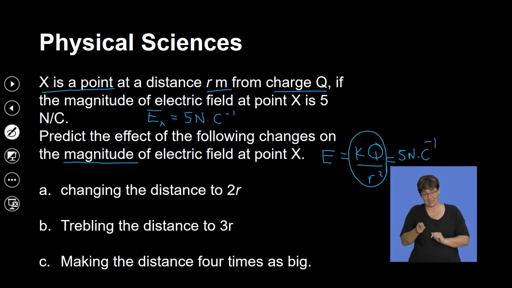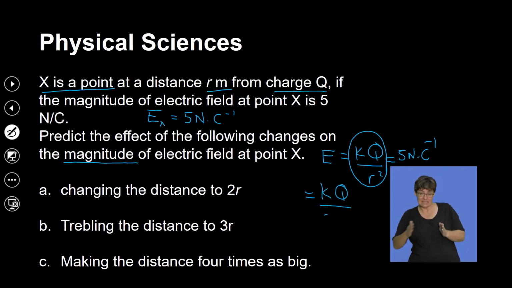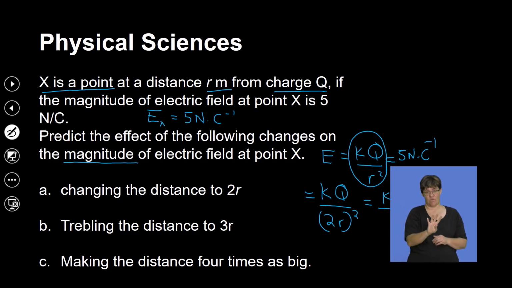So if we double the distance, what happens? The charge is still the same, but we've doubled the distance, and squaring that double distance gives us kQ over 4r squared.